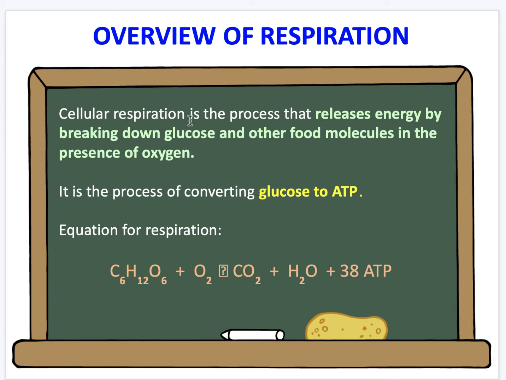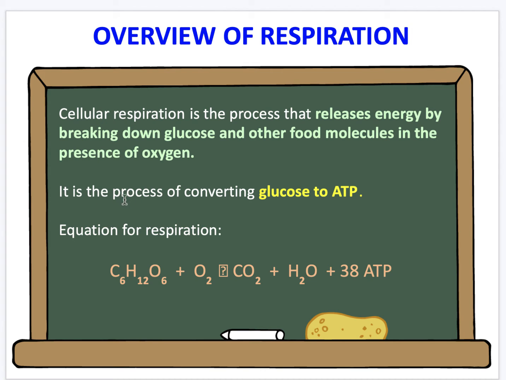So all of our cells that have mitochondria are able to receive the oxygen ultimately from the atmosphere, and then we obtain the glucose through the foods that we eat, and that's what is needed for cellular respiration.